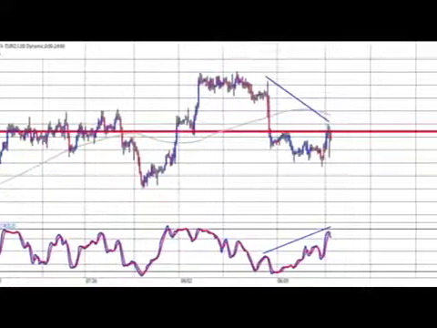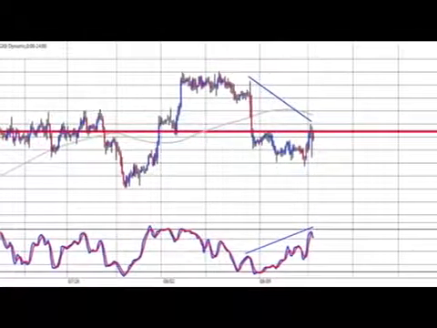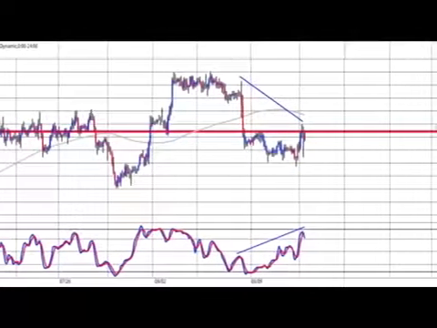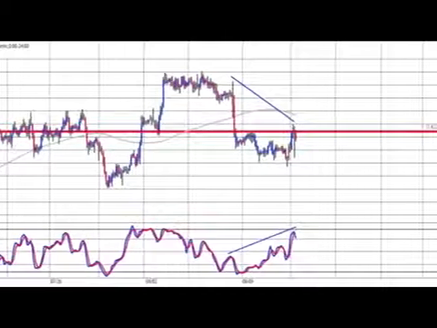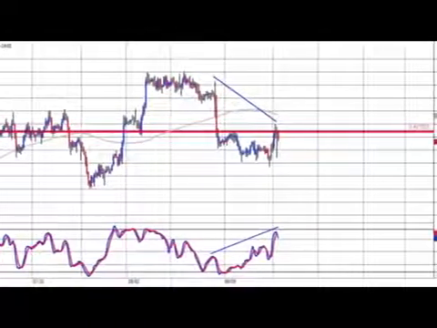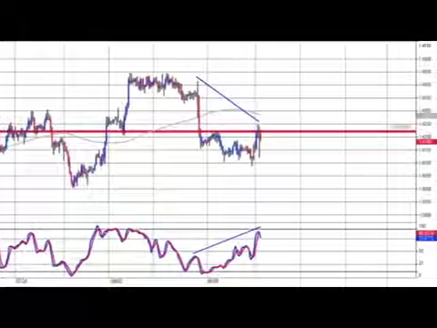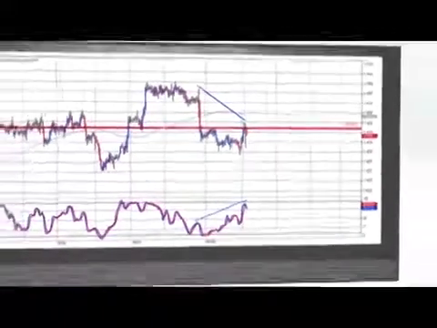But while it is making new highs, the momentum indicator used here, called the RSI, is not making new highs. As a matter of fact, the RSI is topping out before the price is topping out, and RSI begins to make lower highs and lower lows. And this is an example of a divergence, and it's a powerful signal to the trader that the current trend may shortly run out of steam and turn.